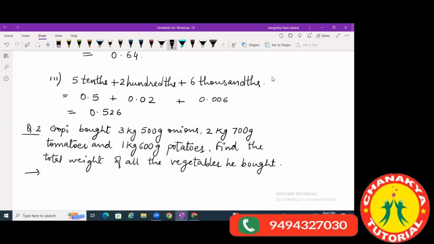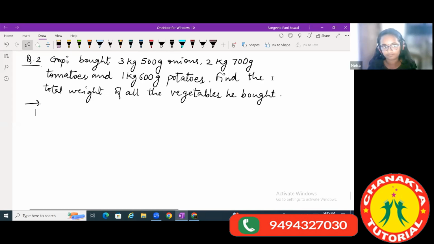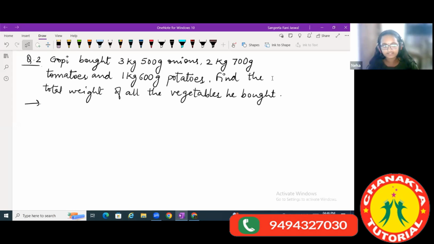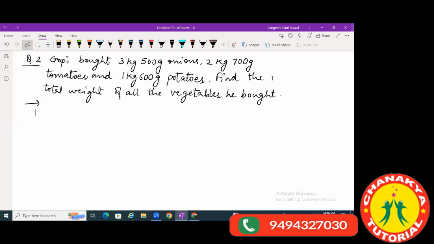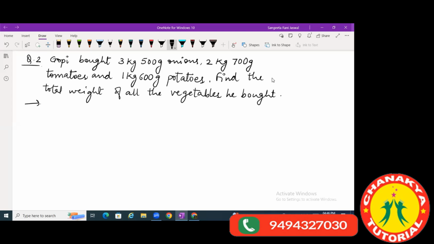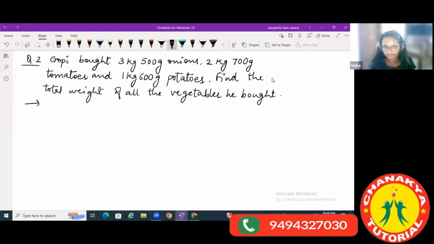You have to find the total weight of all the vegetables Gopi bought. So what will you do? We add. You will add the weight of all vegetables. Okay. So what will be your first statement in this? See, you have to say turn wise.